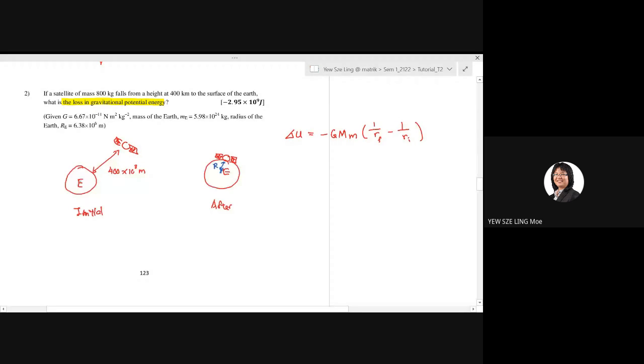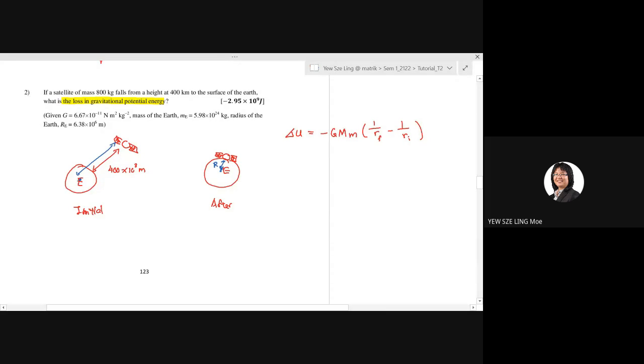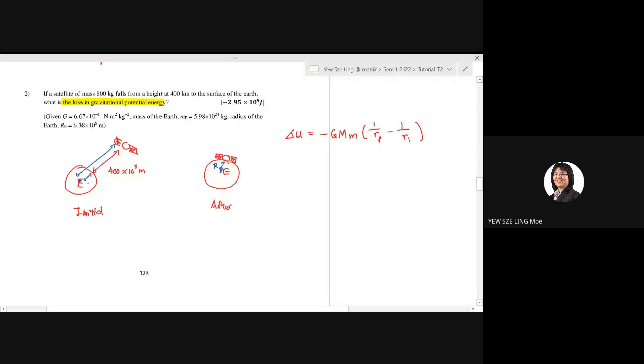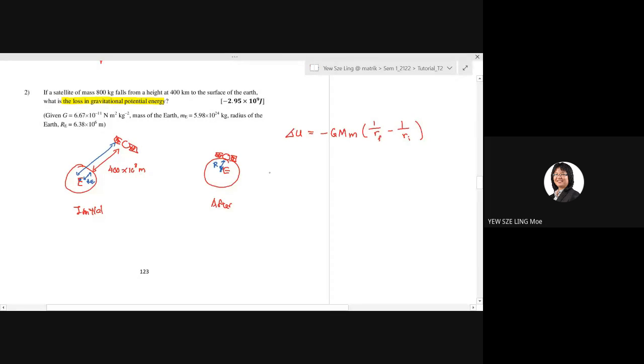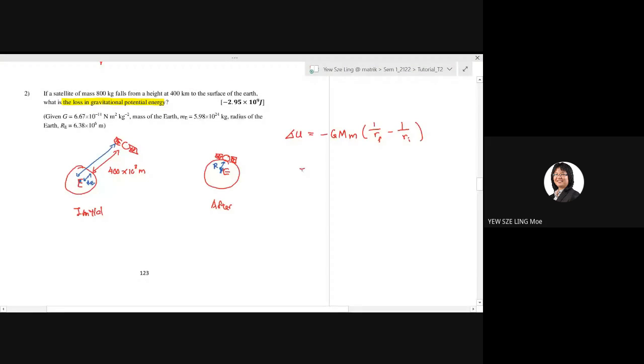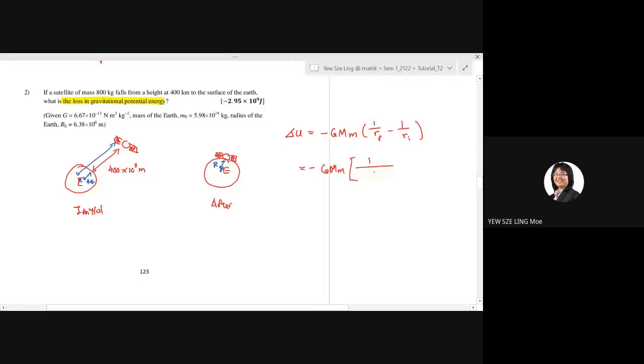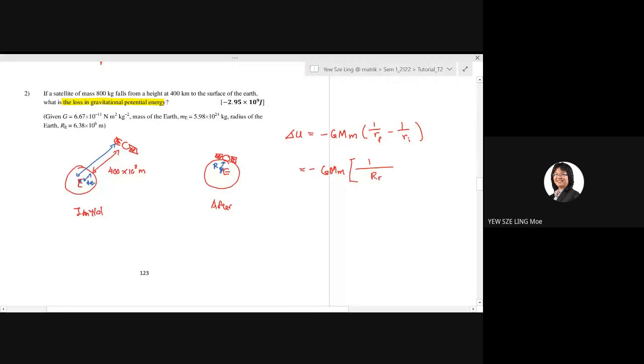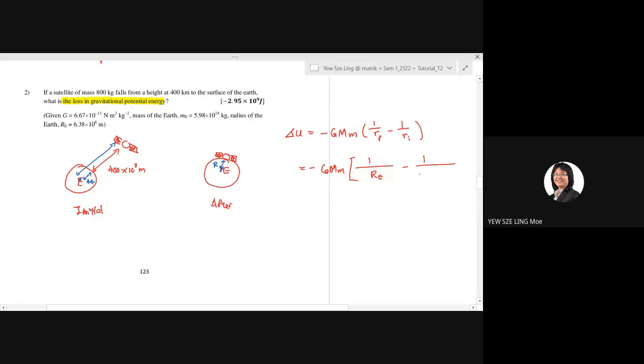But for the initial position, you have to be careful. Because you're given 400 km from the surface, you need to add the radius of the Earth, the RE. So the equation we can then expand into negative GMm bracket 1 over R final, which is just your RE, the radius of the Earth, minus 1 over RE plus 400 km, which is 4 times 10 to the power 5 meter.